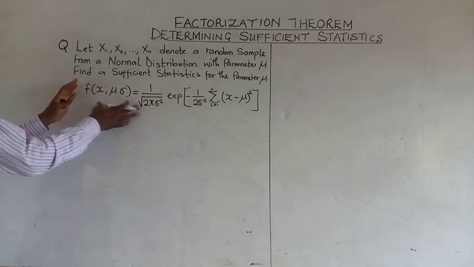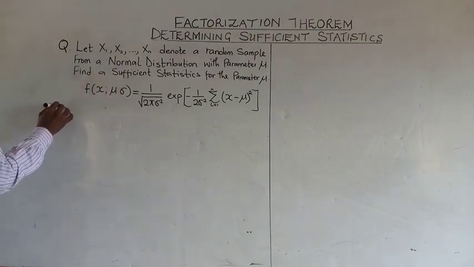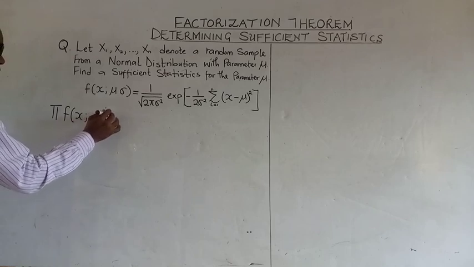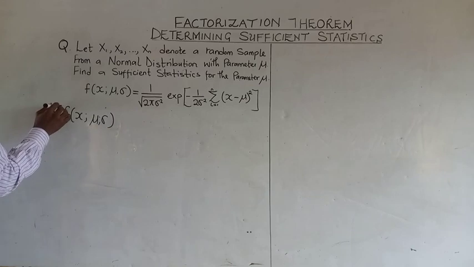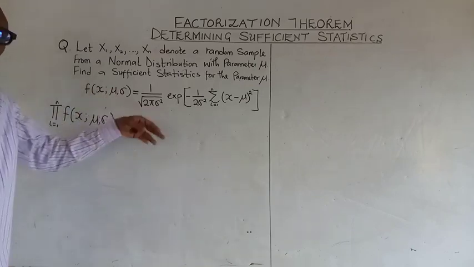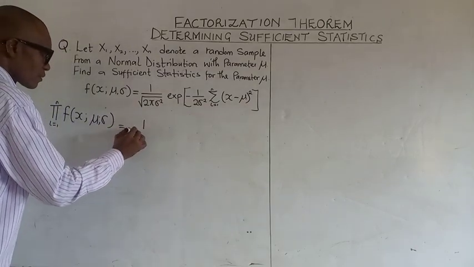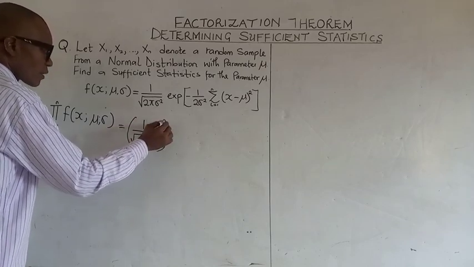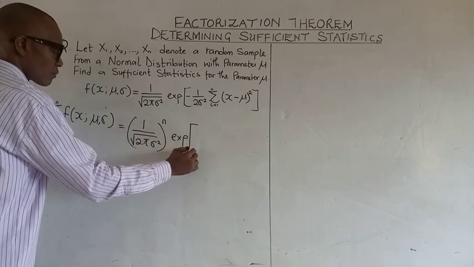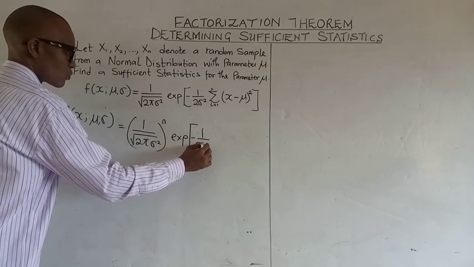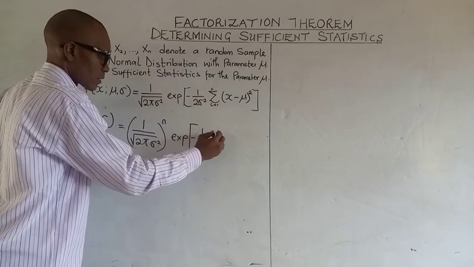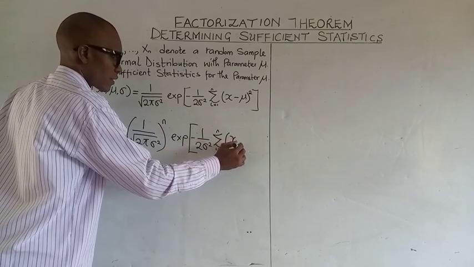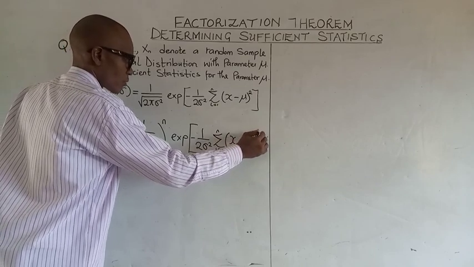So if we take the product of this function, ranging from 1 to n, what it will give us at the end of the day is 1 over square root of 2 pi sigma squared, all to the power n, exponential negative 1 over 2 sigma squared, summation of i ranging from 1 to n, x_i minus mu whole squared.